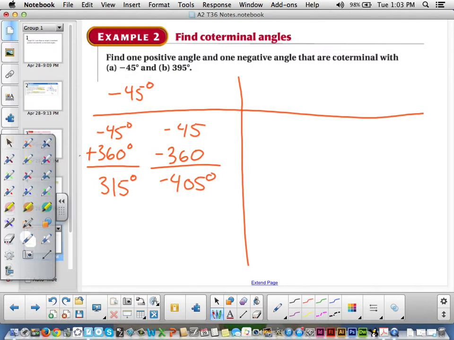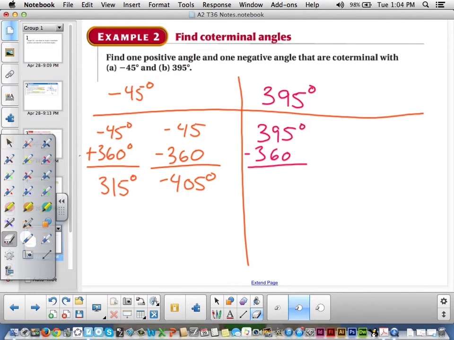All right, 395 degrees. We can add 360, or we can subtract 360. I'm going to start by subtracting 360. So 395 degrees minus 360 degrees gets us positive 35 degrees. That's one positive coterminal angle.